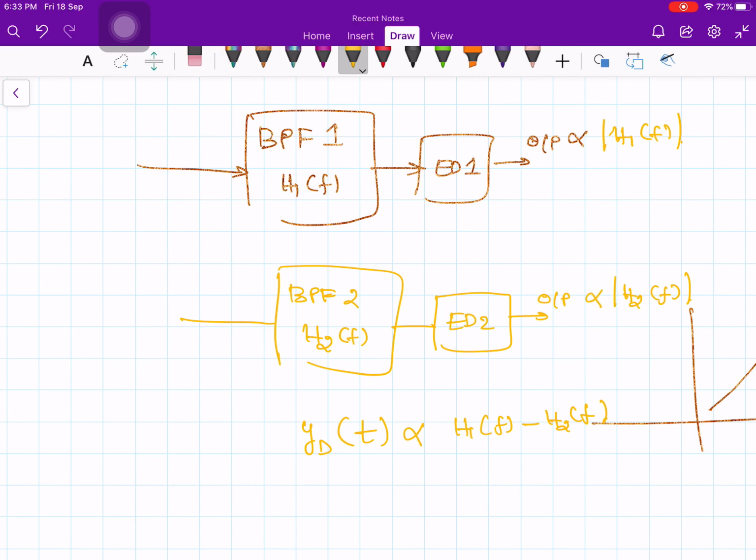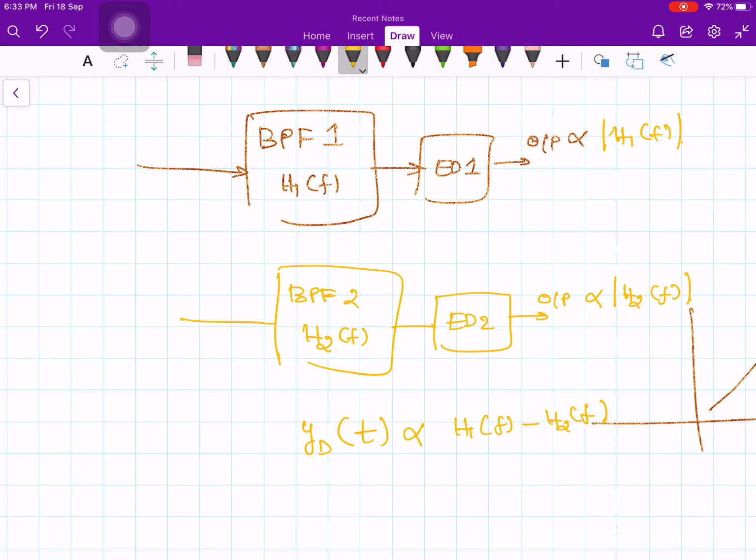Again, the question that we raised some time ago is, can't we first do the subtraction and then envelope detection? You cannot do that. The answer to this question is no. You don't want the envelope of H1 of f minus H2 of f.